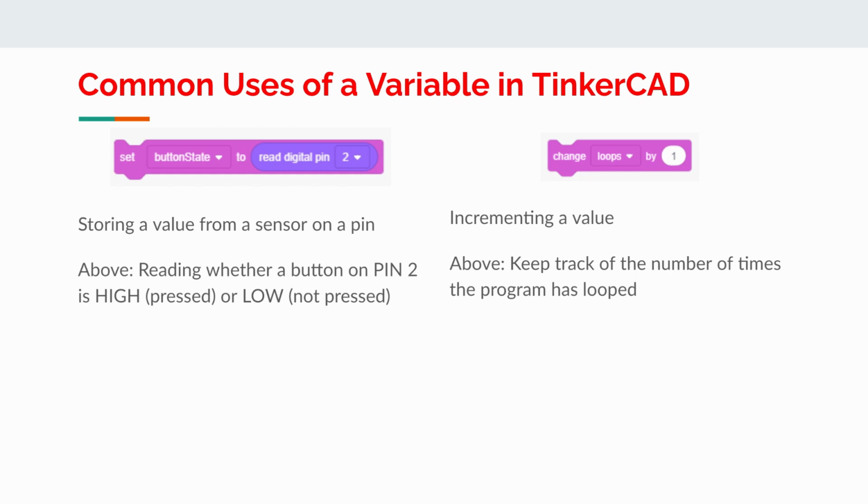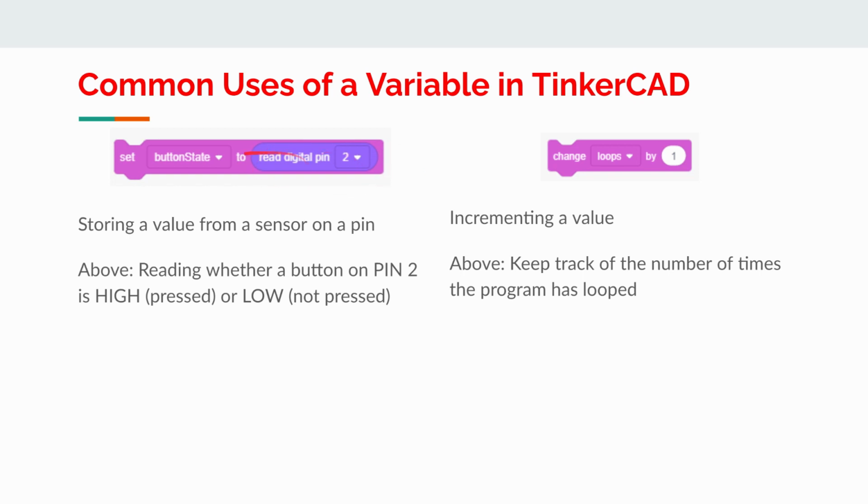A lot of the times we don't want to just set a variable to a number, because oftentimes we can just plug in that number directly to where it needs to go, unless we're going to be using it a lot, like in my blinking LED example. So on the left side here, we can see an example where it doesn't just say set button state to a number, it says set button state to read digital pin 2.